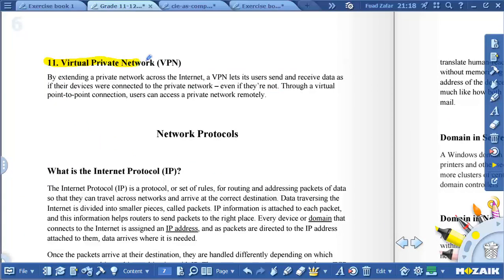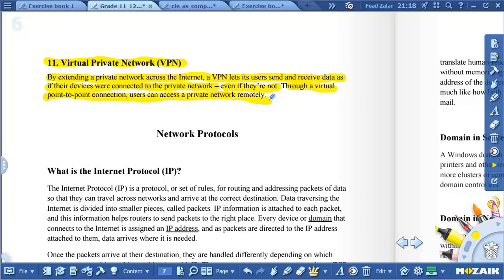Number 11, Virtual Private Network, which is known as VPN. By extending a private network across the internet, a VPN lets its users send and receive data as if their devices were connected to a private network, even if they are not. Through a virtual point-to-point connection, users can access a private network remotely.